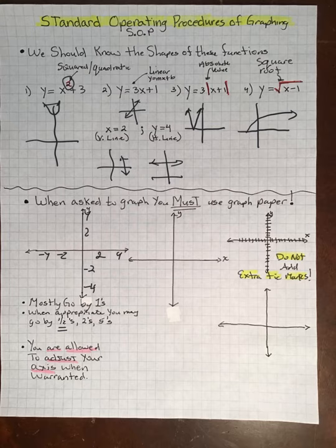You really shouldn't need to go by 5s. You could go by 1s on the x-axis and then maybe go by 2s on the y-axis. That's something you could do, but usually we use the same increments for both axes, but you technically could do that. So most of the time, please go by 1s.